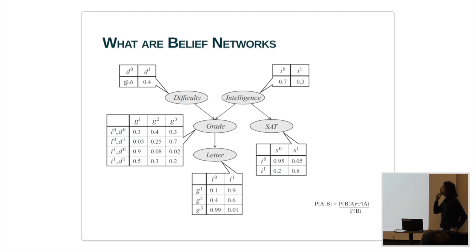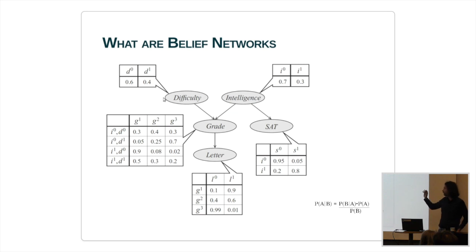So what is a belief network? A belief network is a graph that holds a belief about something. In this case, it shows the connections between different observable facts. So in this example, we have difficulty, which is all these nodes.